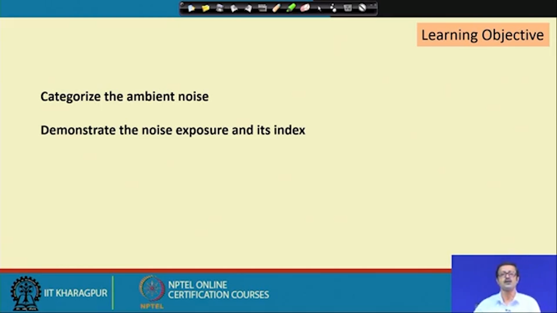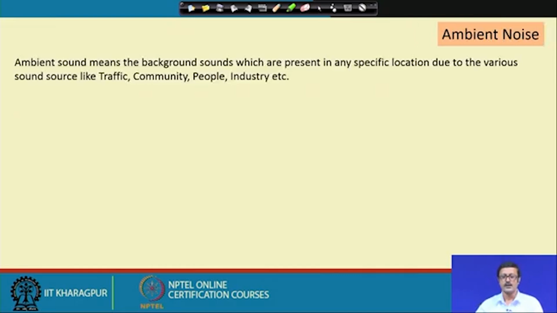categorize the ambient noise, what the different types are and how they function. Ambient noise is defined as a kind of background noise which sustains for some time, or maybe a longer duration.